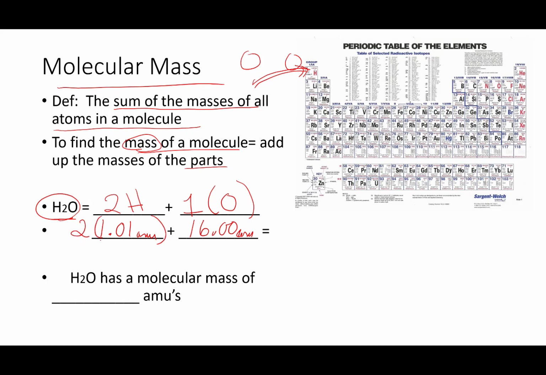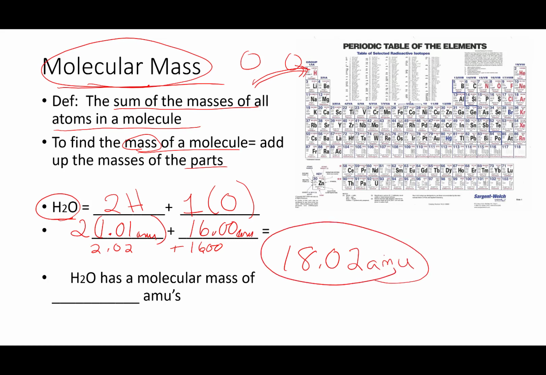So 2 times 1.01 is 2.02 plus the 16, the total molecular mass for water is going to be 18.02, and the units we're dealing with are atomic mass units. And that is going to be the molecular mass of one water molecule.